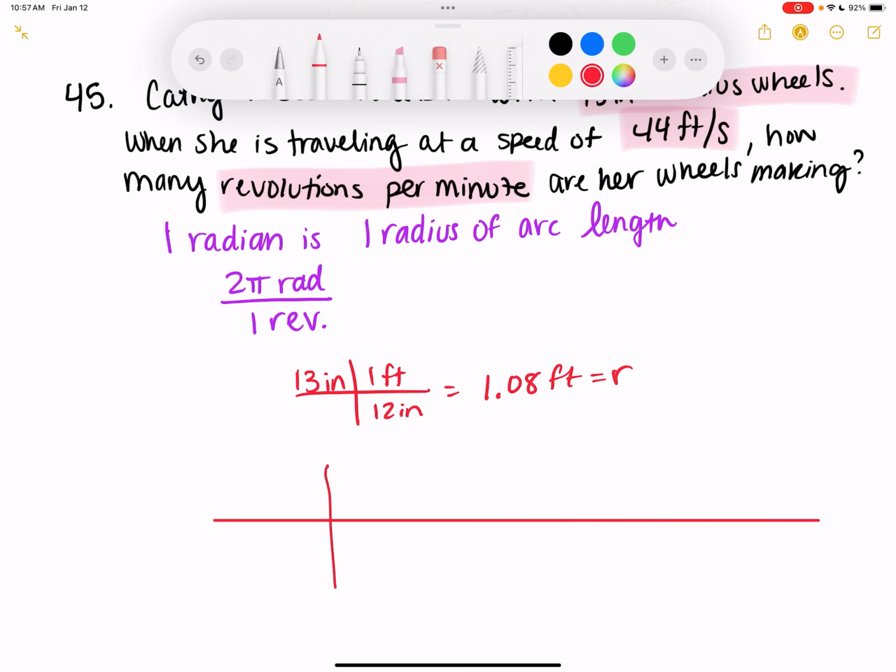All right, so the first one I would do is 44 feet per second. Makes the most sense to start with that. Now, I said 1 radius is 1 radian. So this is my radius here. So 1.08 feet in 1 radian.